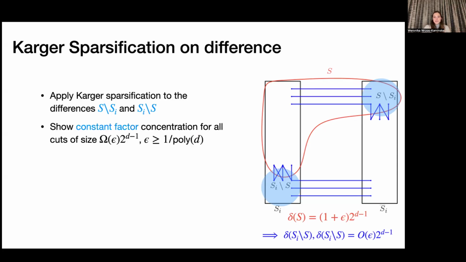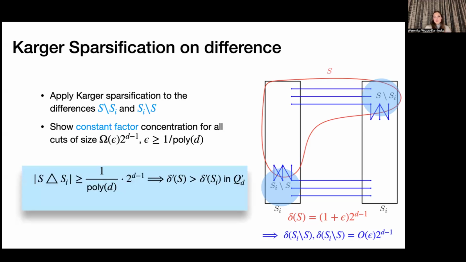Therefore, it is enough to argue that the blue edges concentrate up to a constant factor, as opposed to a 1 plus minus epsilon factor. This we can achieve using ideas from Karger cut sparsification. That way, after the subsampling, the red cut S is still larger than the coordinate cut, and so we conclude that the sparsest balanced cut is indeed close to a coordinate cut.